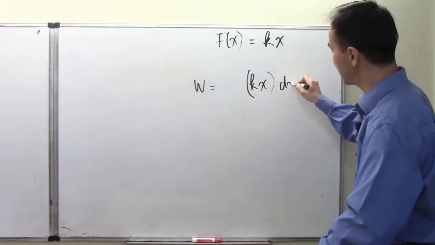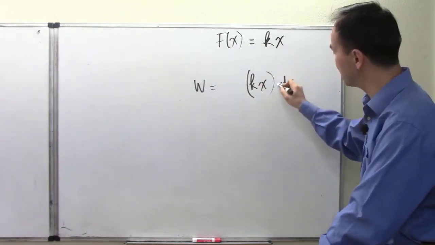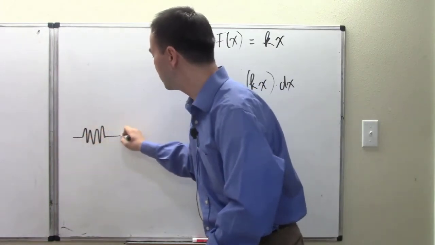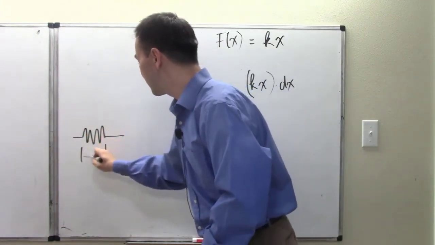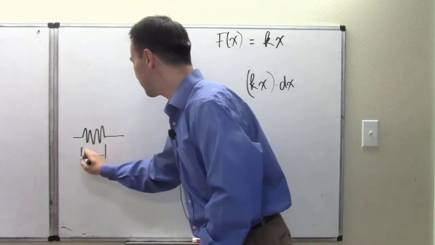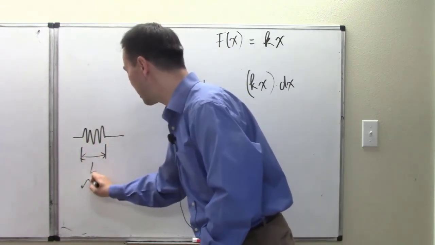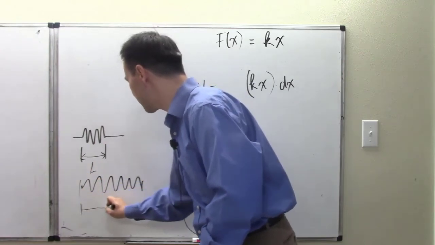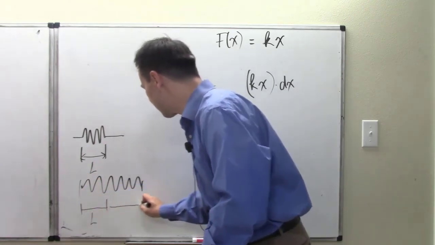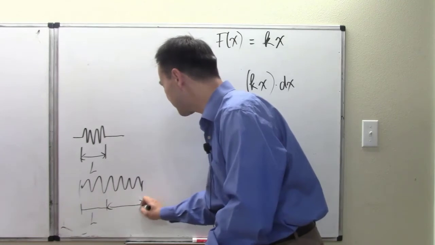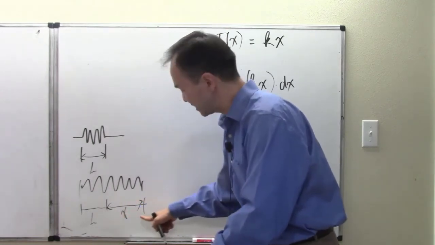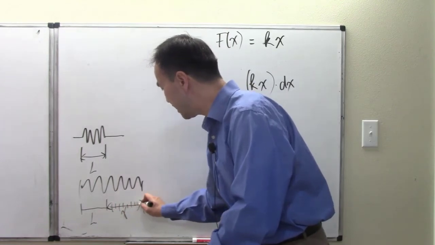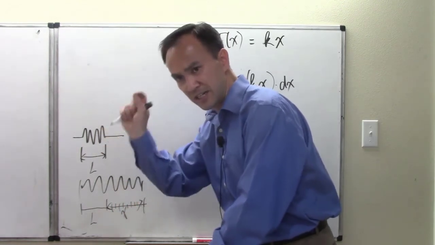That's kx times dx, because I described that situation earlier in part A. As we stretch the spring from its natural length some x distance beyond it, we can break that total distance of stretching into infinitely many sub-distances.